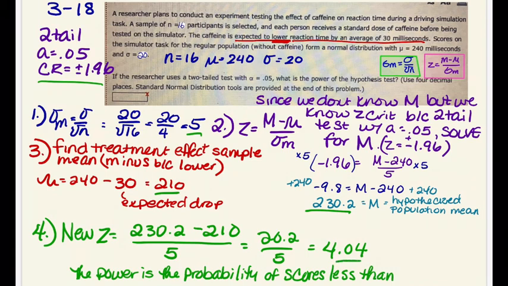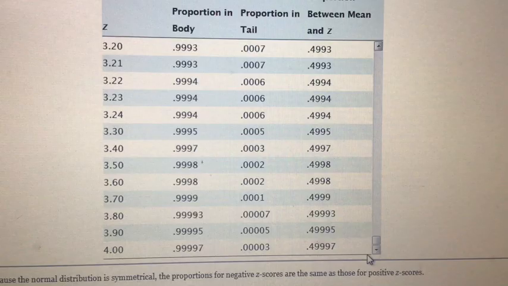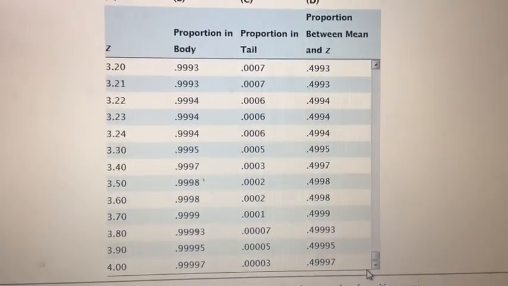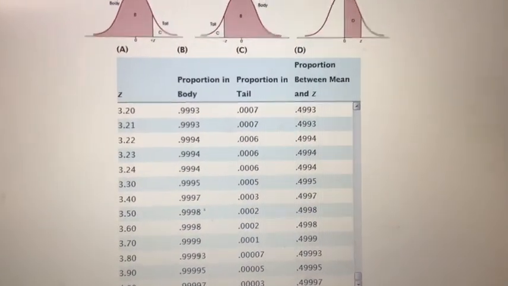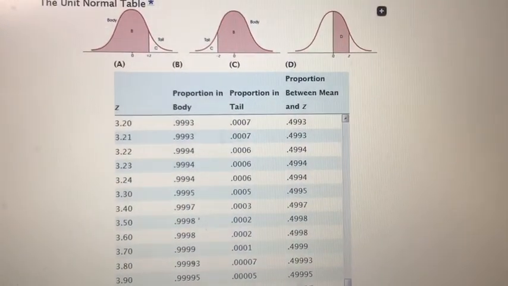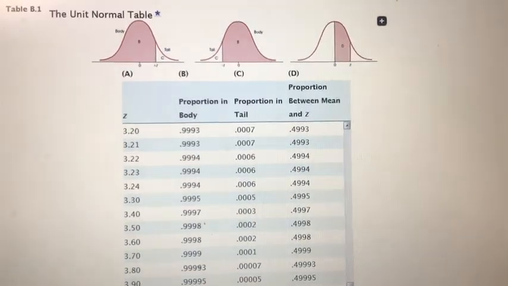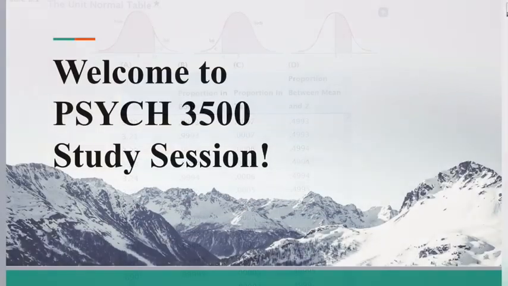And we'll switch over to a unit normal table to see what the value is if it was something else, like 3.75. So 3.70, your probability would be 0.9999 that the scores are going to be below the Z that you found.